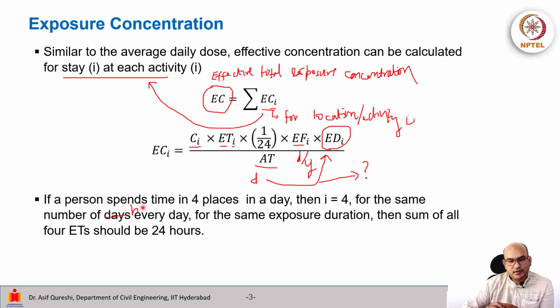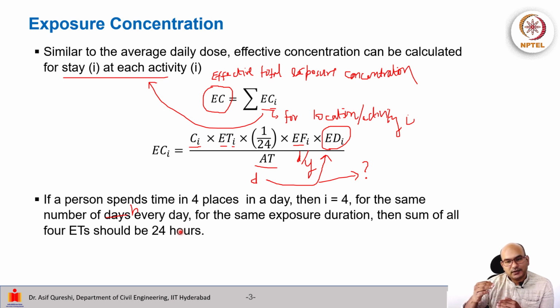So the sum of all 4 exposure times should be 24 hours, because a person cannot spend more than 24 hours a day. The limit is 24 hours. So if the person is repeating the same pattern every day, then the sum of exposure times in those patterns should be 24. Or maybe spend 1 hour less in kitchen, 1 hour more in the living room, or 1 hour more in the bedroom.